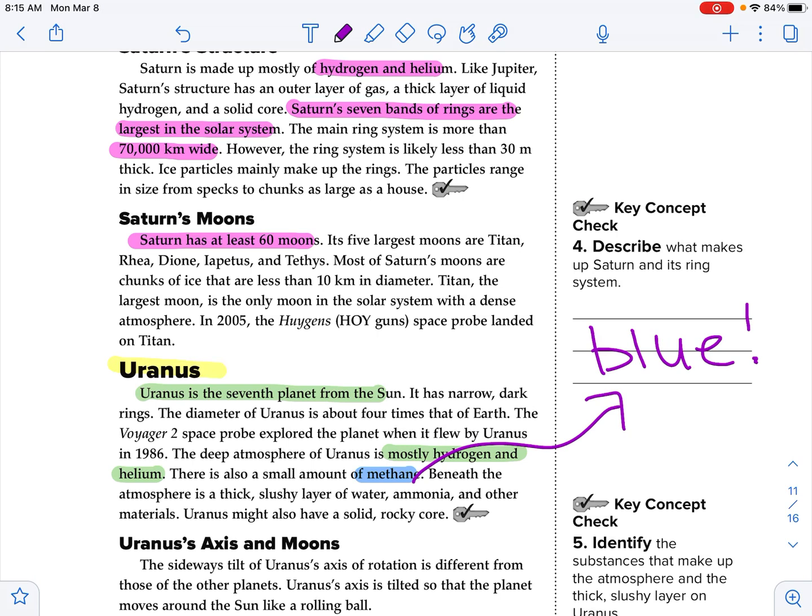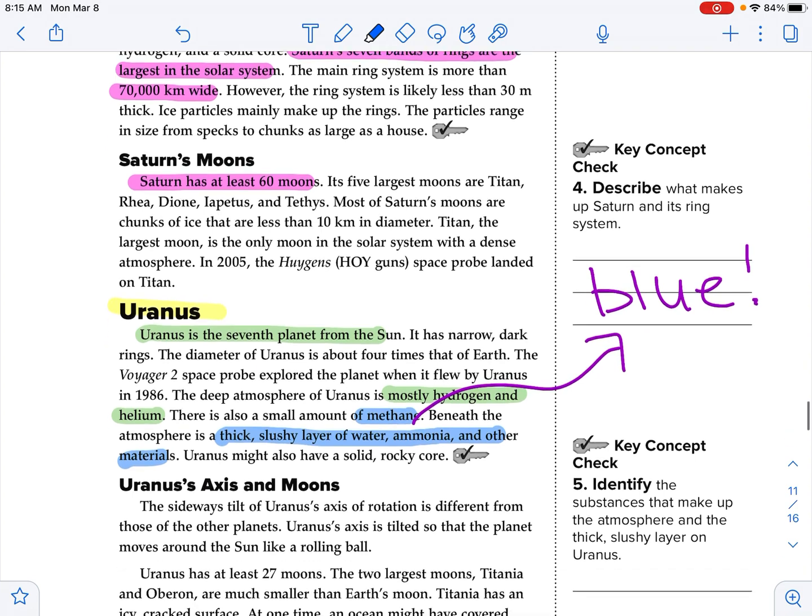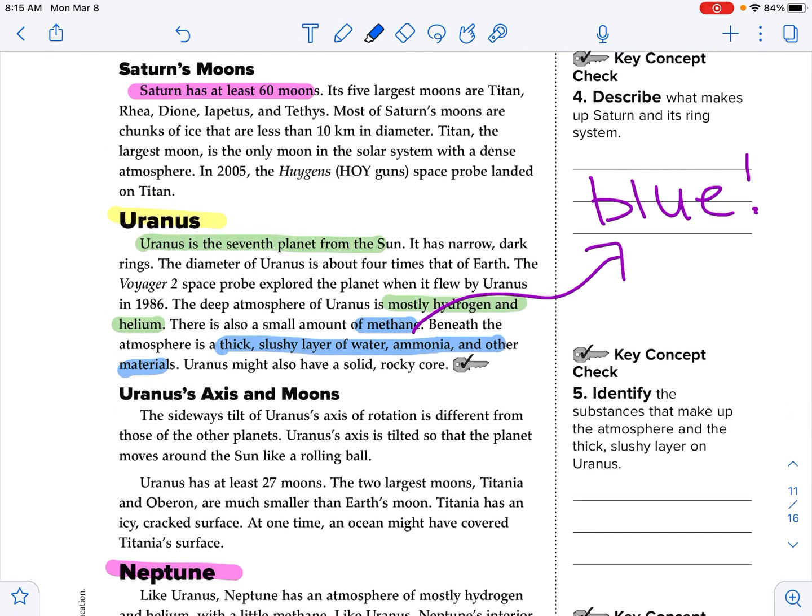It's the methane. Beneath the atmosphere is a thick, slushy layer of water and ammonia and other materials. Uranus might have a solid rocky core. So this is very unique for the planet of Uranus, this little section. The sideways tilt of Uranus' axis of rotation is different from those of the other planets.